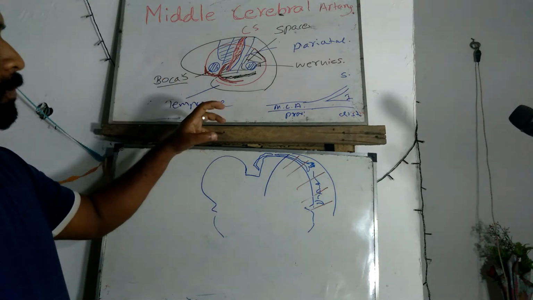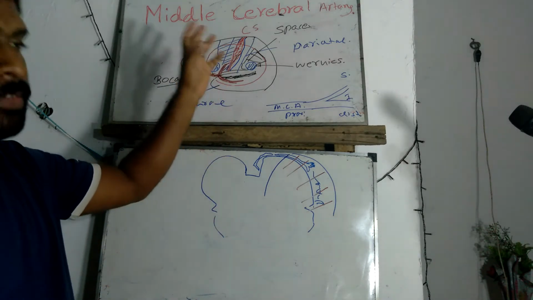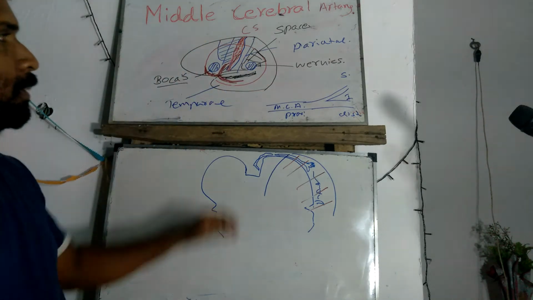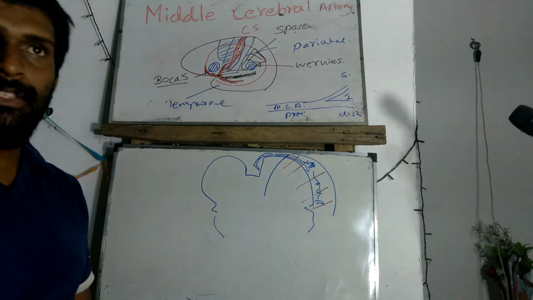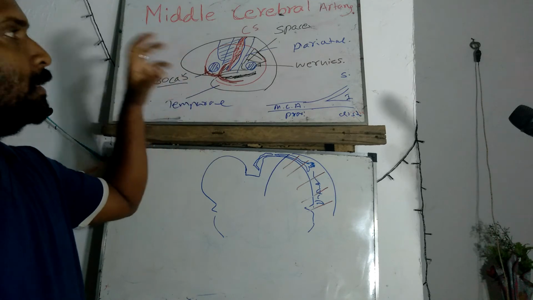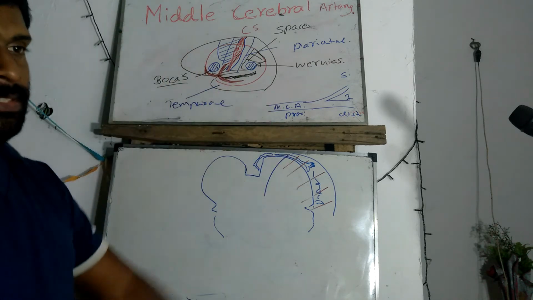A lot of past memory and recent memory are in this area. Middle cerebral arterial damage damages a lot of cognitive and intellectual function in these patients.